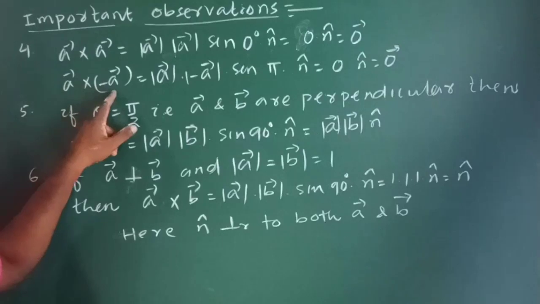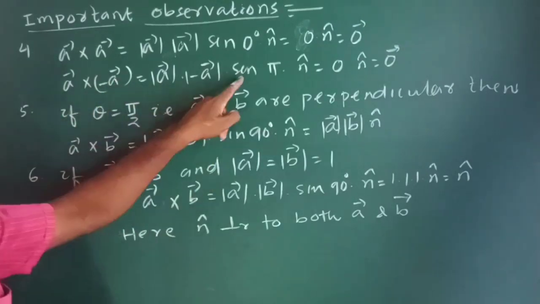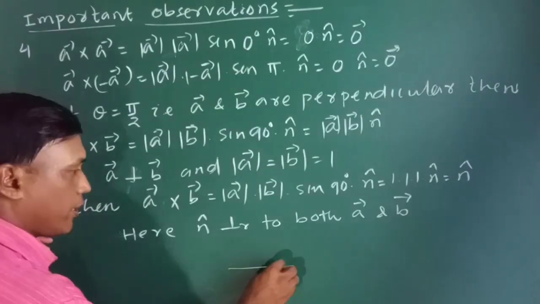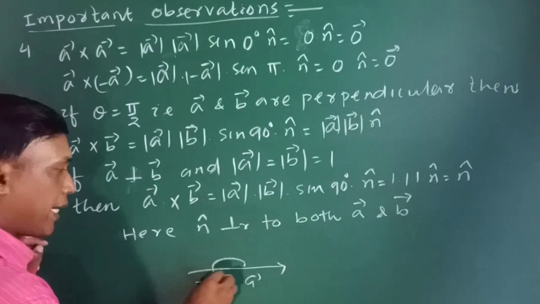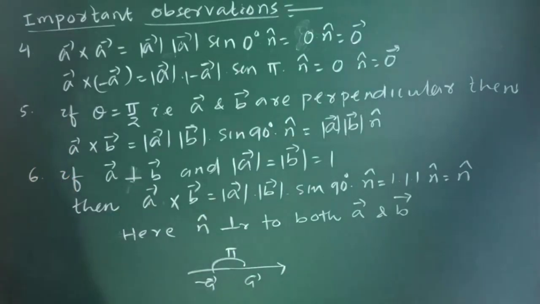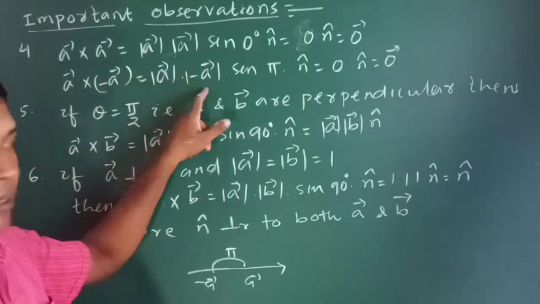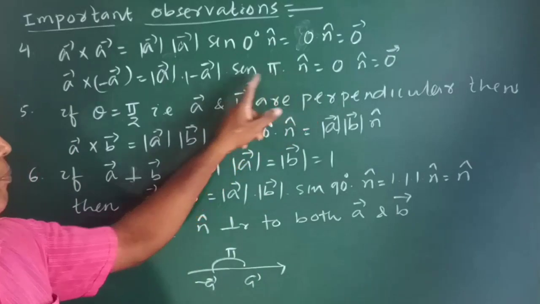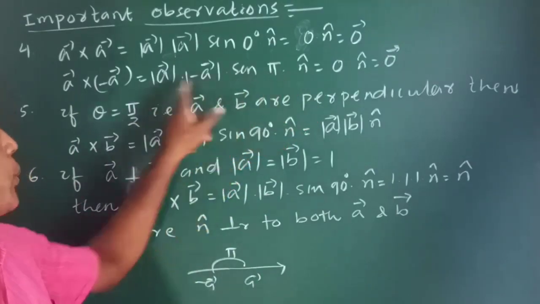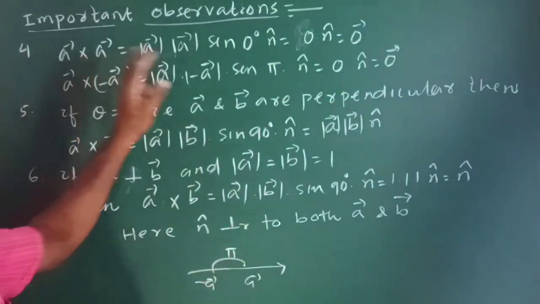Now A cross minus A: magnitude of A, magnitude of minus A into sine. This is A vector and this is minus A vector. The angle between them is pi. So magnitude of A, magnitude of minus A, sine pi into n cap, but sine pi is 0. 0 into n cap is 0 vector. So A cross A is 0 vector.